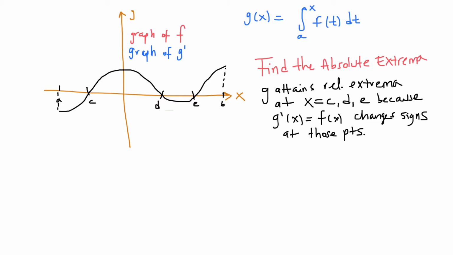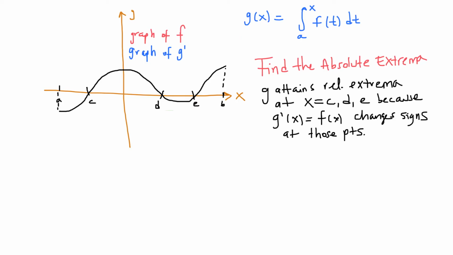And the way to test them, in the past we would just say evaluate the function, right? So if you have 3 critical values and you have the endpoints, then plug in the numbers into the original function, which is g of x, and we would just plug in a for x, c, d, e, and b.